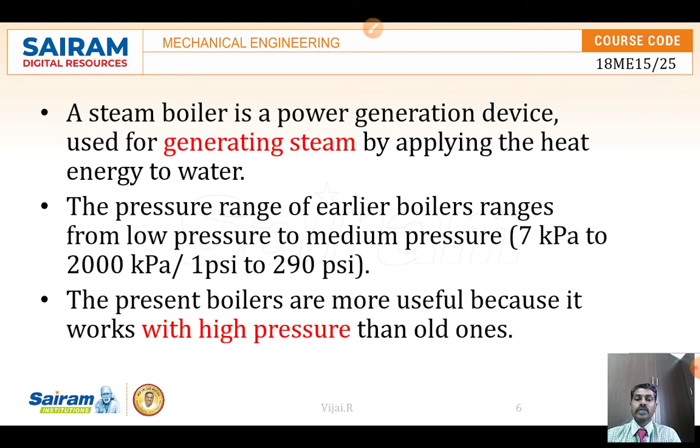The heat is generated by the source, whatever fuel we give, and the boiler is just a device used for generation of steam by applying the heat to the water, which is converted into steam.